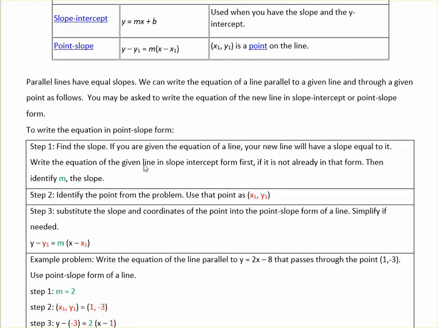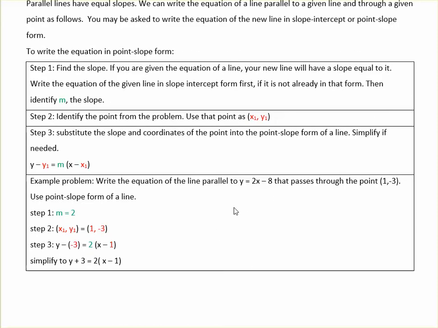If it's not already in that form, rewrite it so that it's y equals mx plus b form. Then find m. Then identify the point. It'll be given to you in the problem. That is going to be your x1, y1 in point-slope form. So x1 goes here, y1 goes here. Then take the slope that you found from step 1, take the point that you found in step 2, and plug them into the point-slope form of a line.